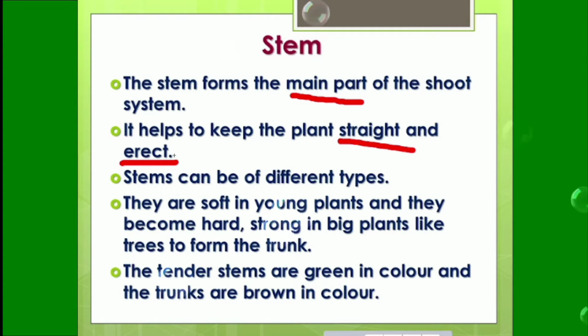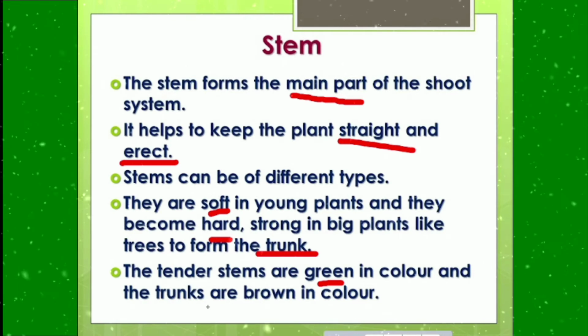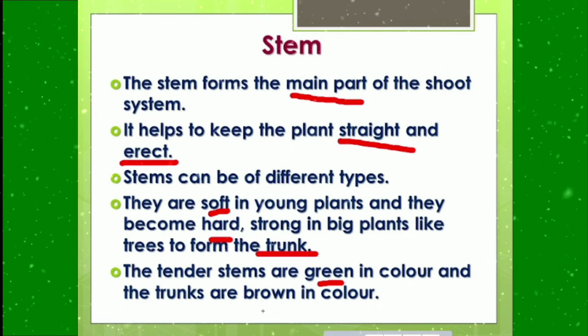Plants or trees cannot stand properly without a stem. There are many different types of stems. Some are soft when the plants are in a young stage. When the stems are very young, the color of the stem is green, and after that the trunk of the tree is brown in color.